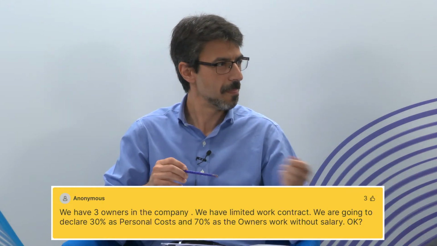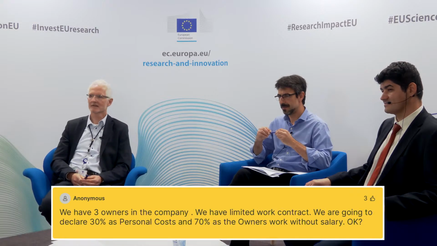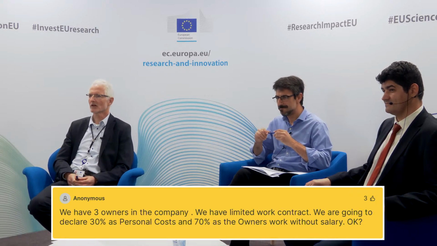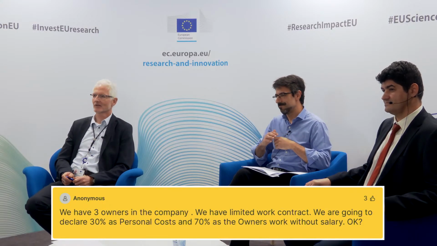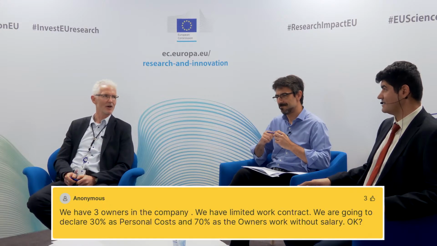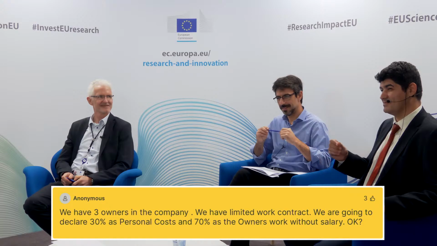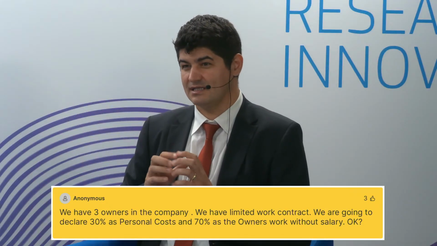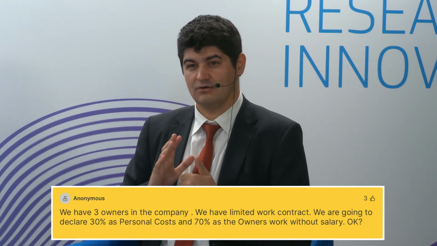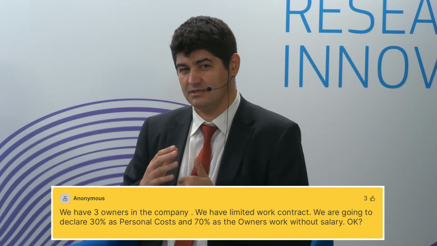Yeah, my understanding here is that in that case they have employment contracts, because they say limited work contract, but only for 30% of their time. And for the rest of their time, they are the owners working on their own. Maybe just to clarify also that the costs you declare should be actual costs.